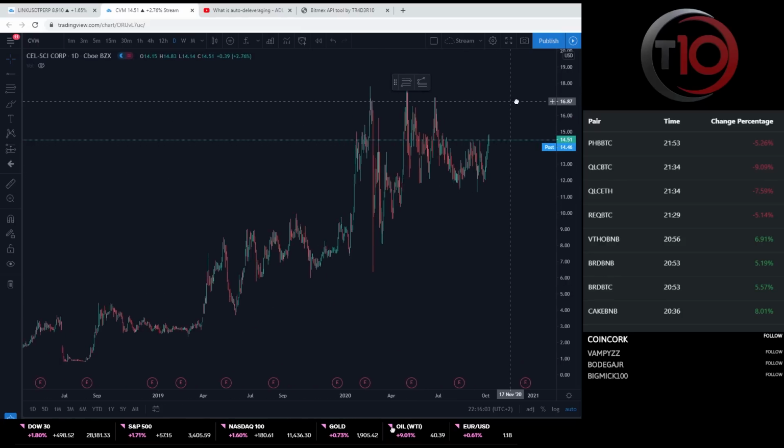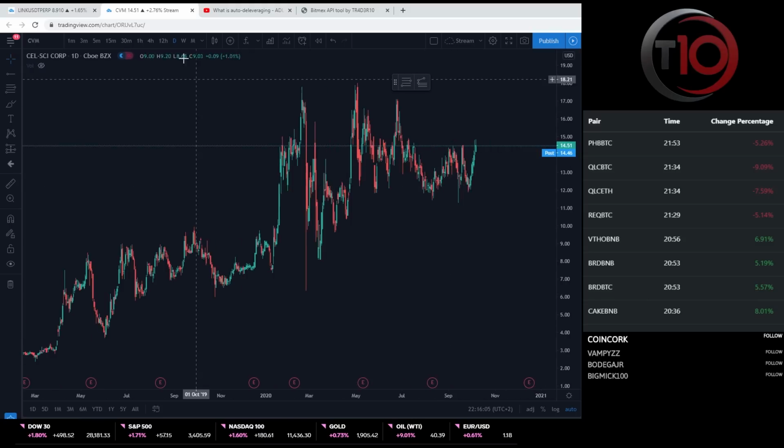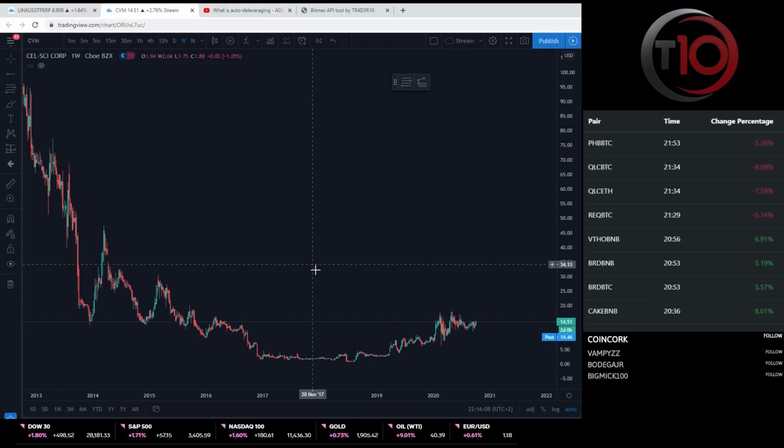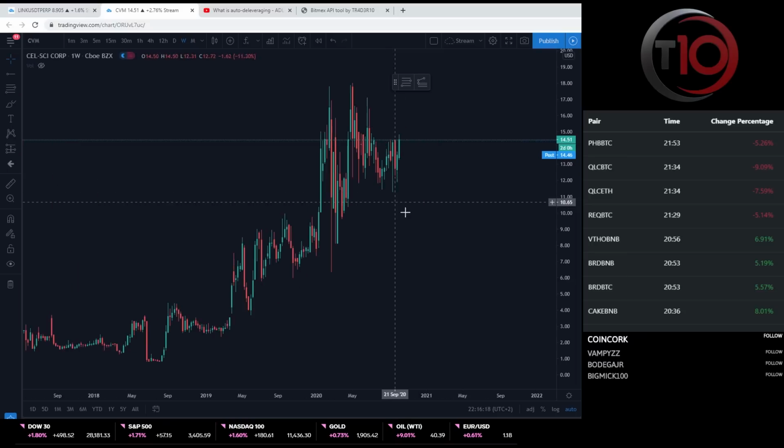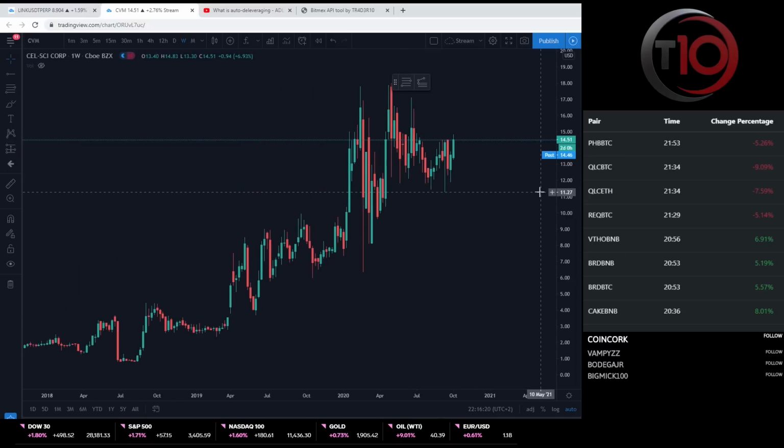Now, what has it actually done here? Weekly. It's at an interesting area here. Did it close below here at some point? Not on the weekly.